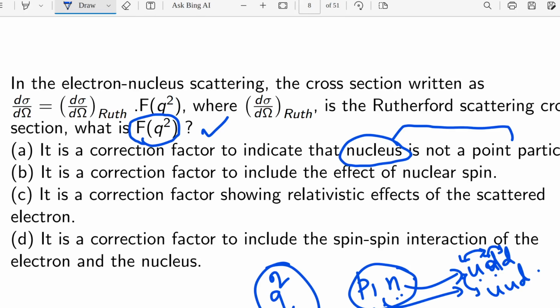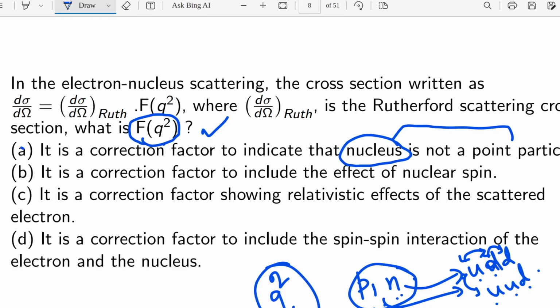That means UDD or UUD, something like that. So obviously the form factor f(q square) indicates the nature of the nucleus, that the nucleus is not a point particle.